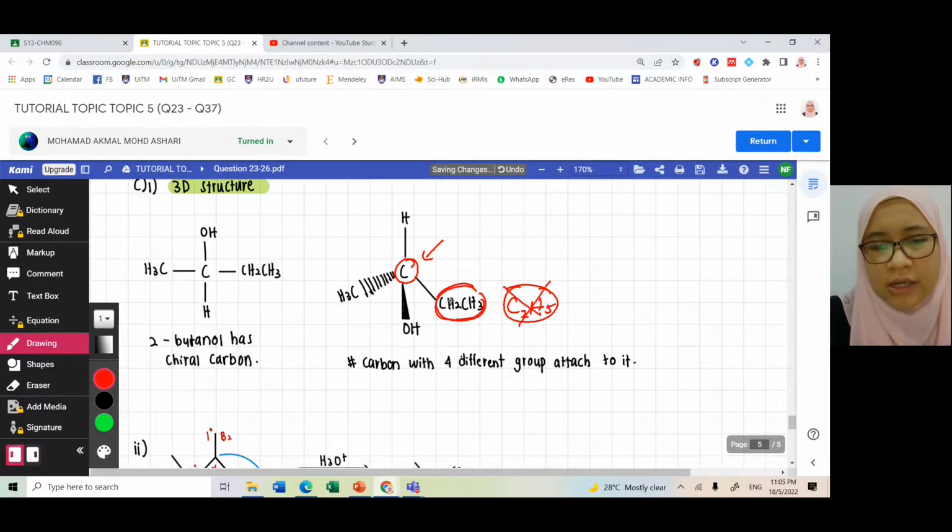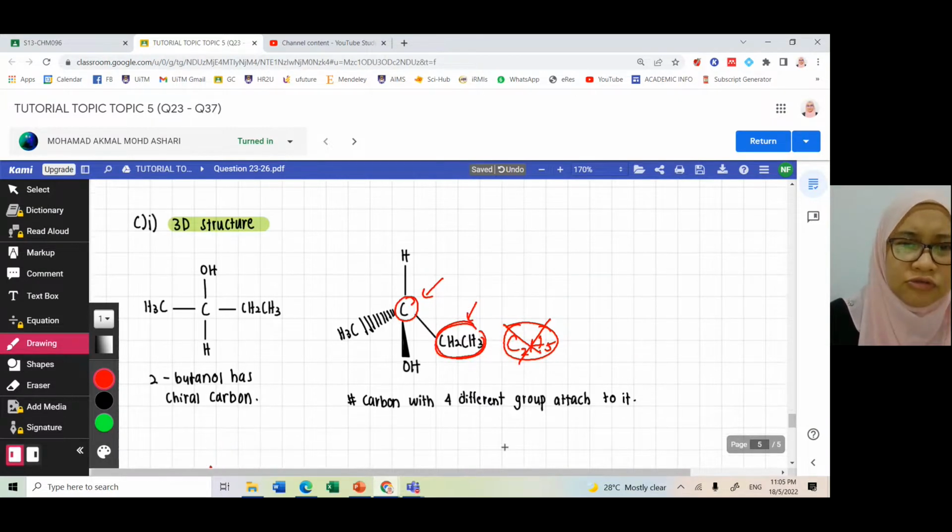Don't do this. Instead you just compress them based on berapa banyak carbon that we have in the group, rather than compiling everything based on the number of carbon and hydrogen. Okay, so go for this one. And then yes, the rest are also correct.